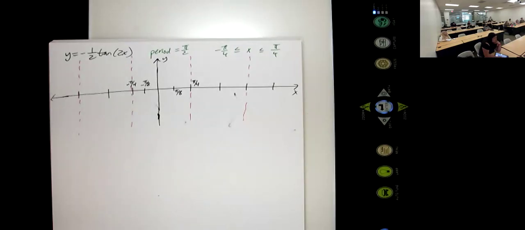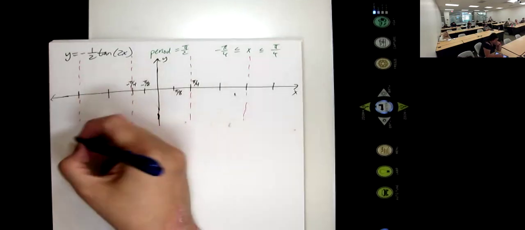Oh, and I drew this the way I wanted to draw this. Normally with tangent in mind, but I got that multiplier of negative 1/2. What's the negative 1/2 going to do? It'll shorten it. But what else is it going to do?